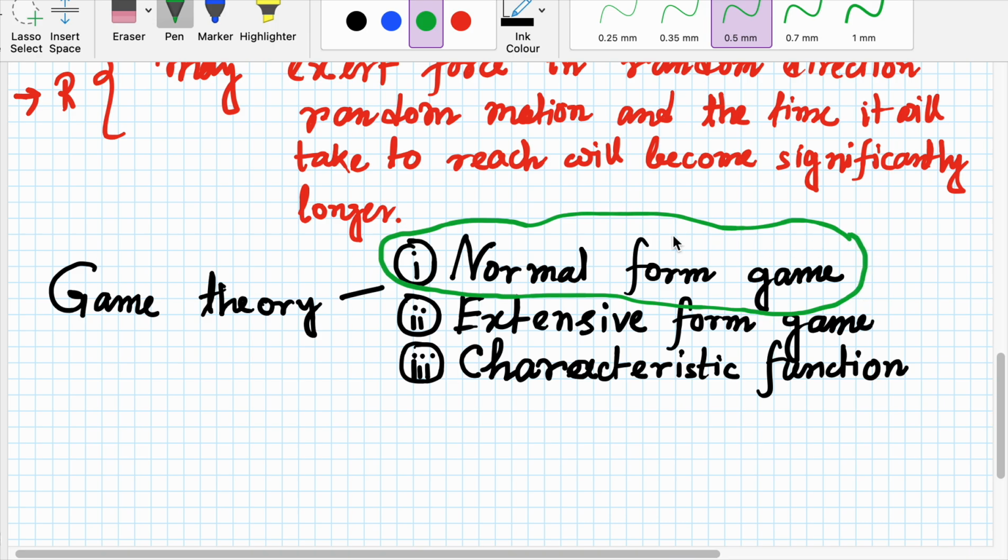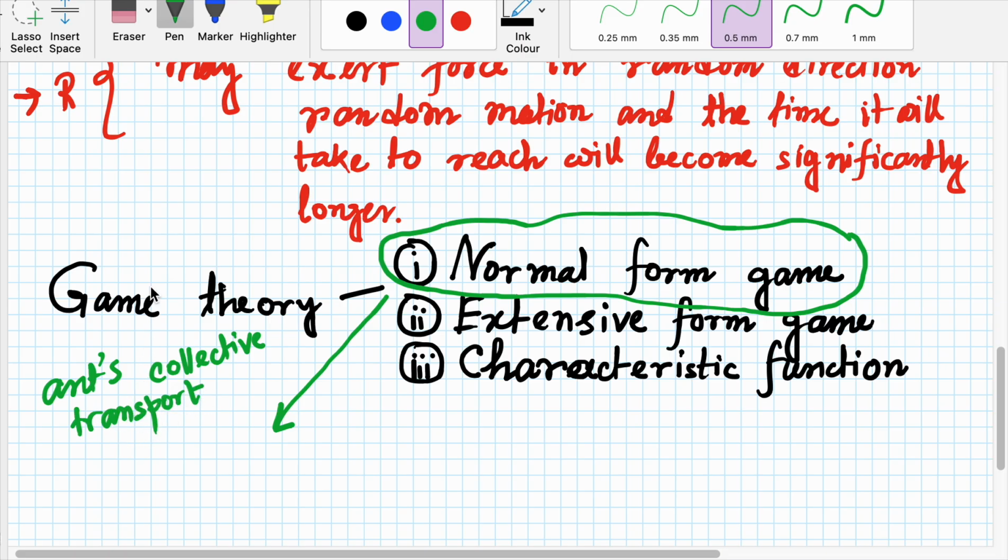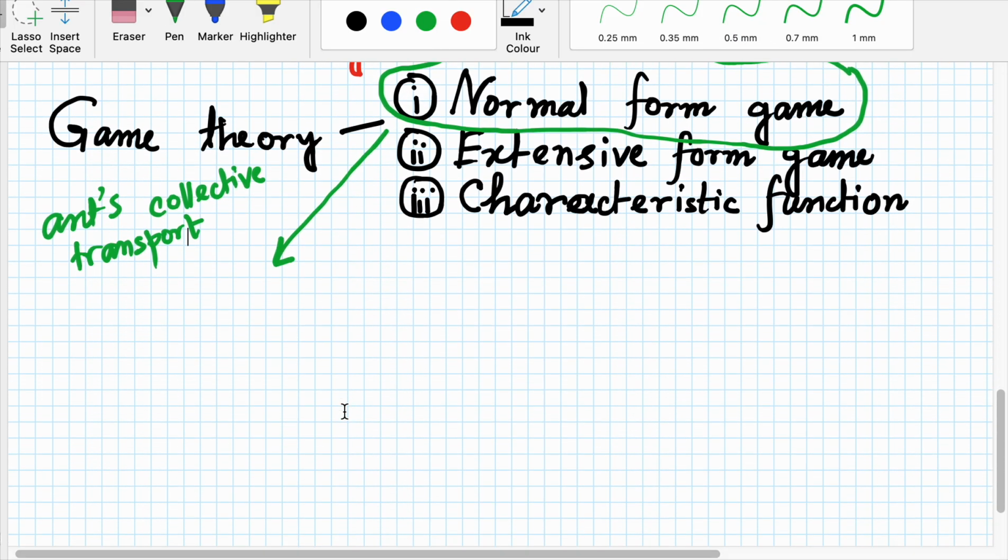So let me describe the above discussed situation of ants' collective transport in terms of a normal form game.